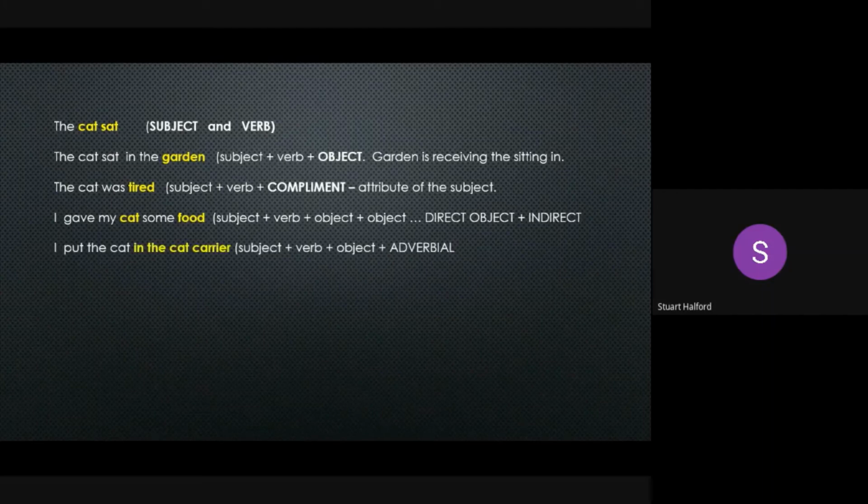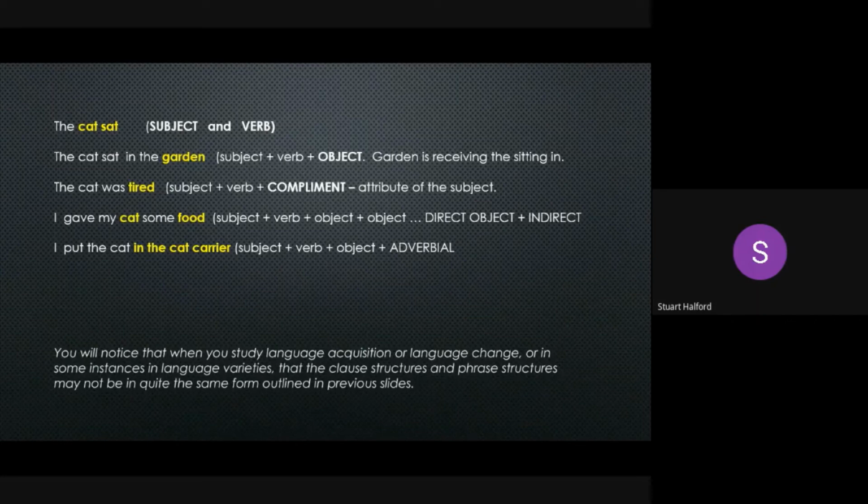And in this case, we've got an adverbial. So I put the cat in the cat carrier. We've got the subject, I, the verb, put, object, cat. Cat is the object receiving the putting. And then we've got the adverbial, which is clarifying the place there. So it's in the cat carrier.